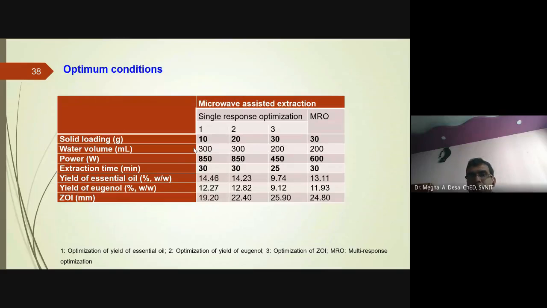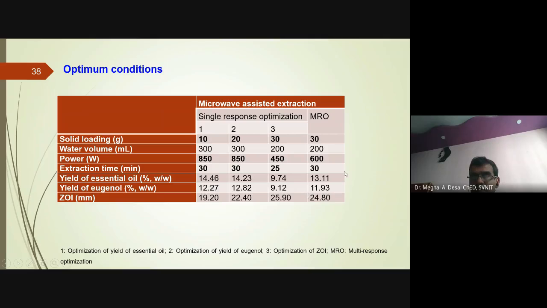Okay, so now if I compare this single response and multiple response, conditions are different but acceptable. The reason, my solid loading has improved, that means my production capacity has improved, water volume is minimal, power is more compared to zone of inhibition but less compared to single response, time is 30 minutes, no problem.